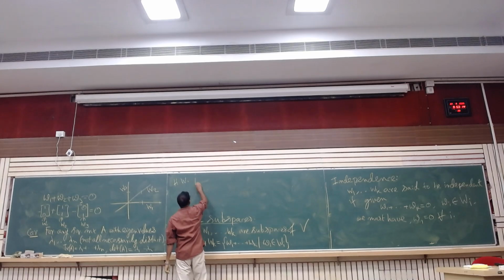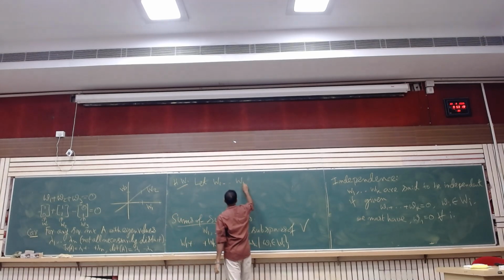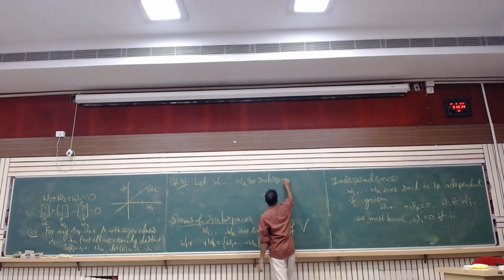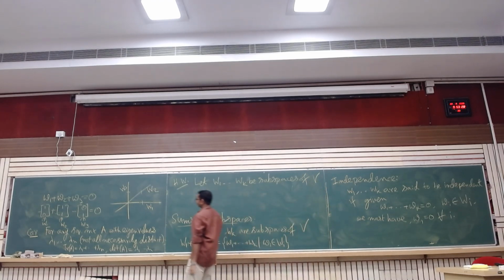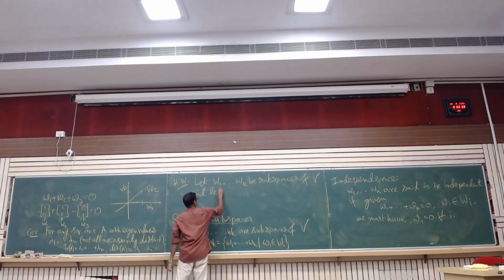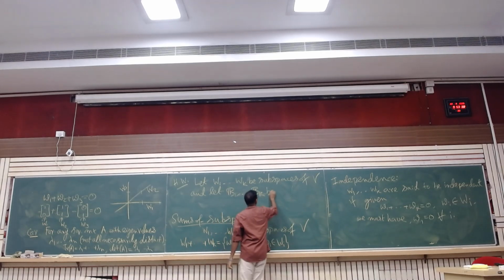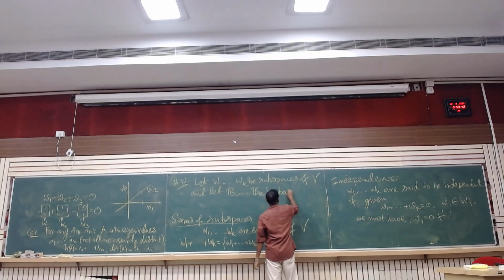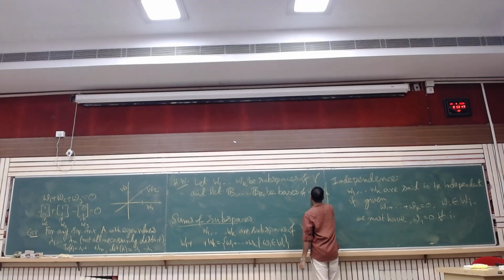So let W1 to Wk be subspaces of V, and let B1 to Bk be a set of respective bases, be bases of W1 to Wk respectively.